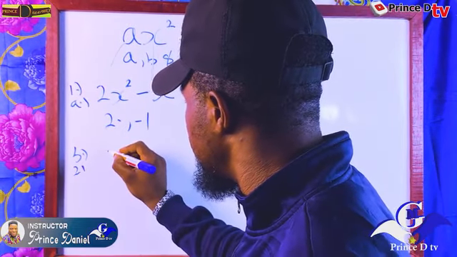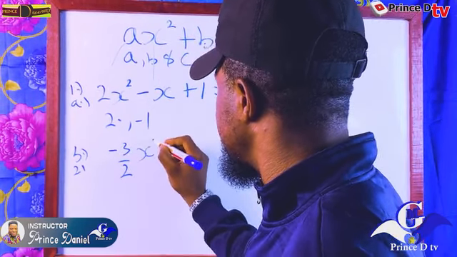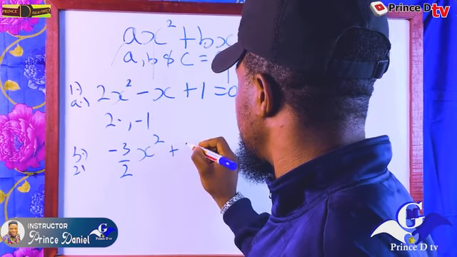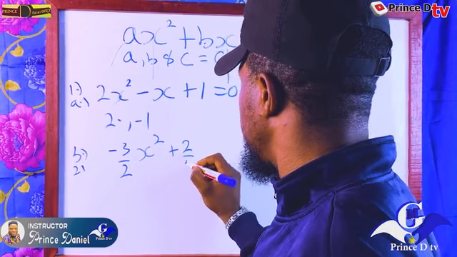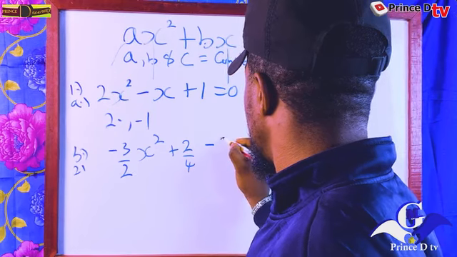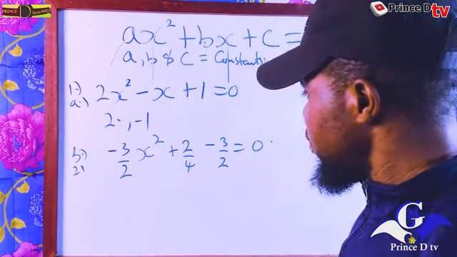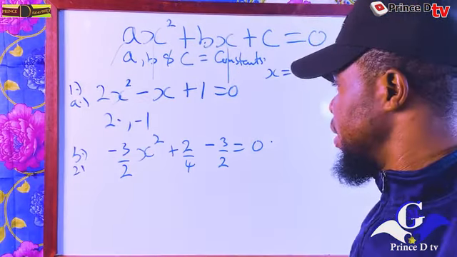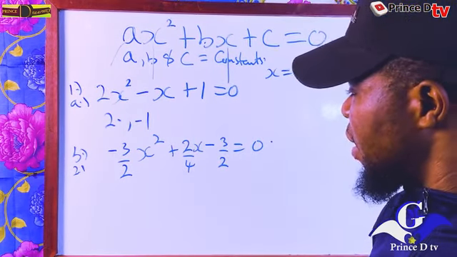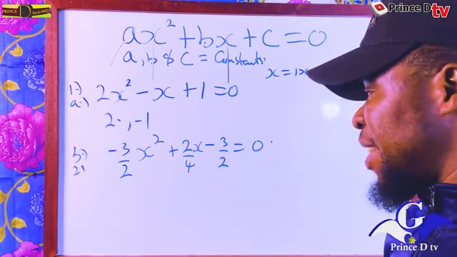Now, for example, we have -3 over 2 x squared plus 2 over 4 x minus 3 over 2 equals 0. Yes, there is an x here. That's a quadratic. Okay, why do I say that's a quadratic?